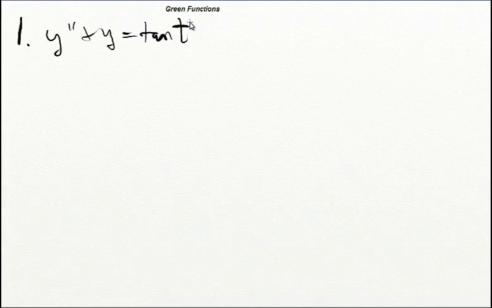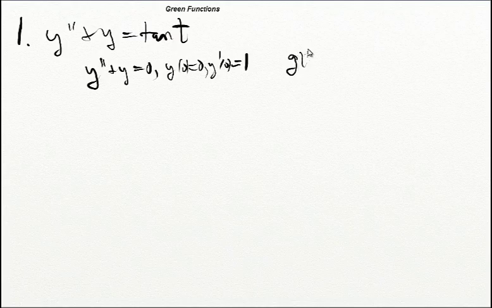And in order to do so, we have to write down the unique function g which satisfies the homogeneous equation, and y of 0 equals 0, y prime of 0 equals 1. And it doesn't take you long to figure out that the unique function that does that is the sine of t.